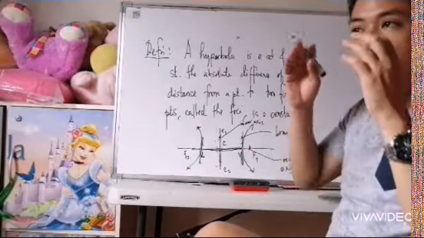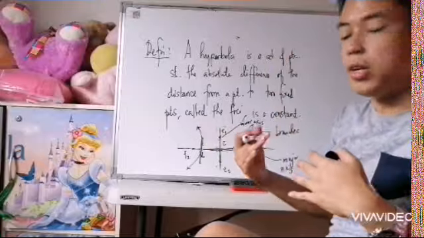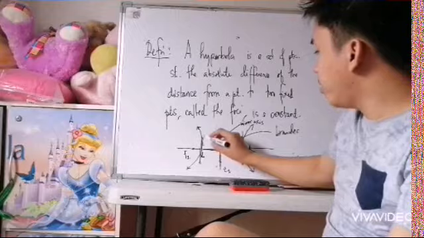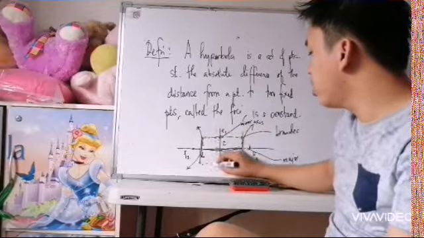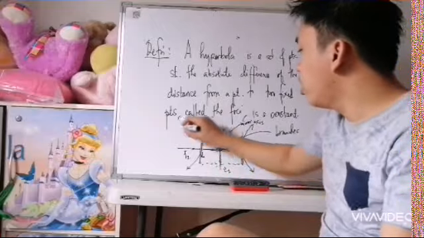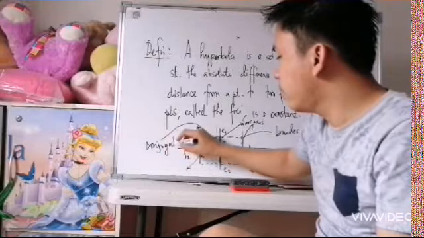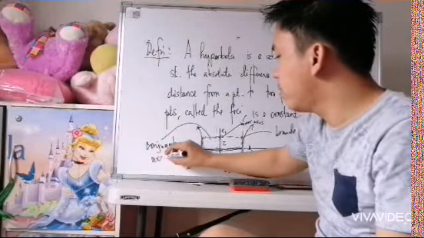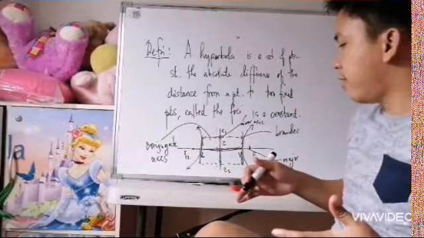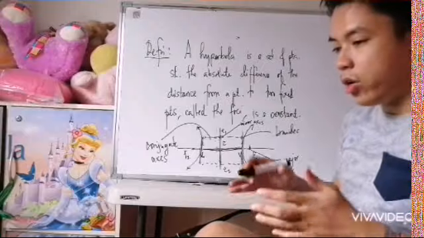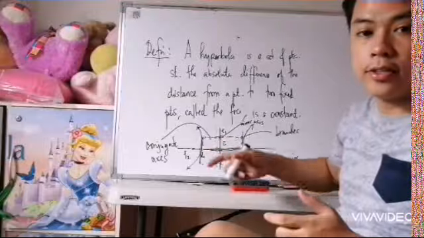And there are also imaginary line segments parallel to the major axis passing through the co-vertices here. These are called conjugate axes. The conjugate axes together with the branches form an imaginary rectangle.